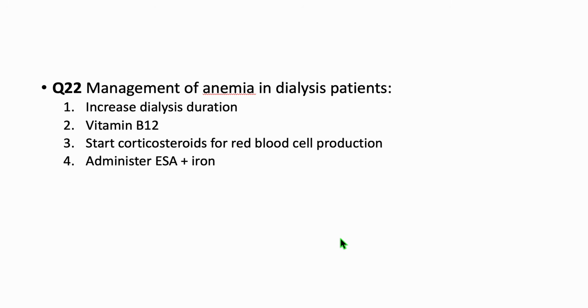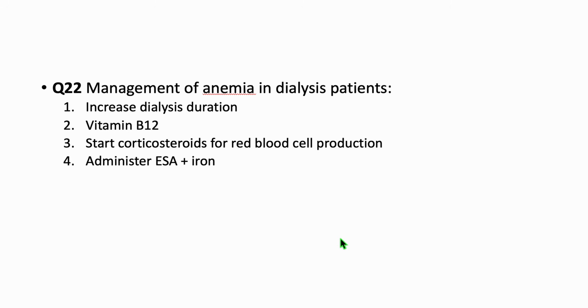Moving to the next question, it says management of anemia in dialysis patients. So how are we going to manage anemia in dialysis patients? The first option says we can increase dialysis duration. Option B says by the help of vitamin B12. Option C says start corticosteroids for red blood cell production, and option D says administer ESA and iron.